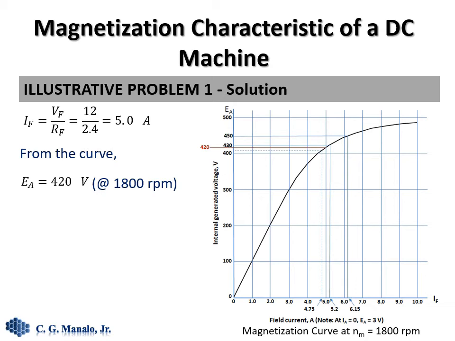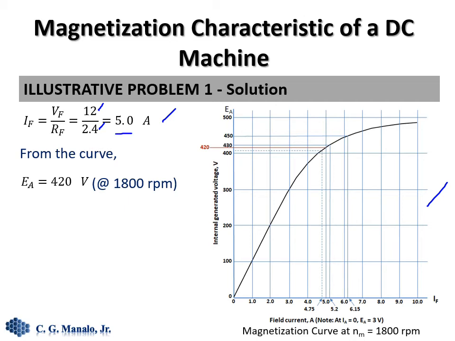Here is the solution. To solve the problem, we use the magnetization curve that is provided to us. First we need to solve for the field current, which equals the voltage across the field windings divided by its resistance.